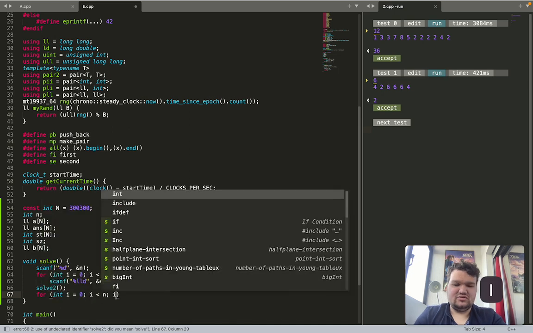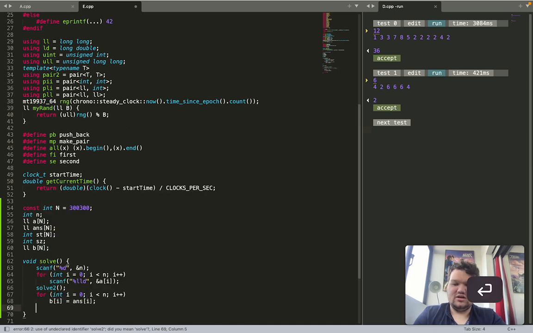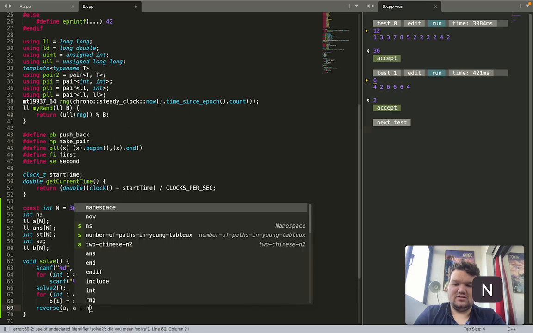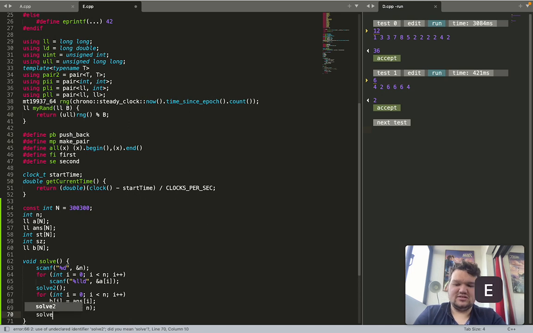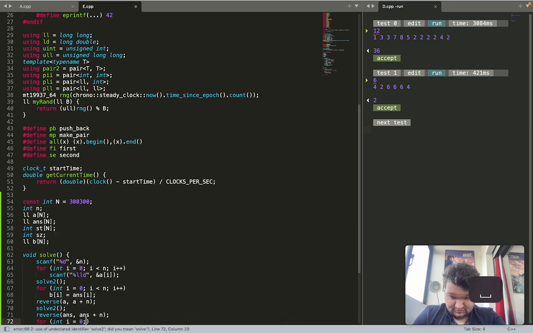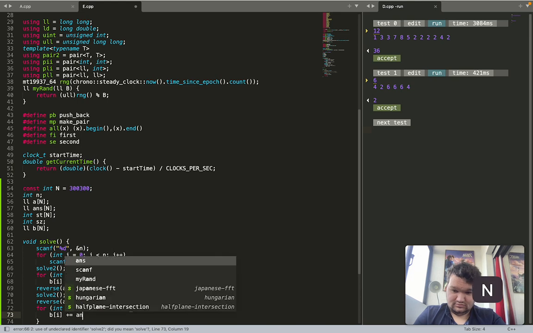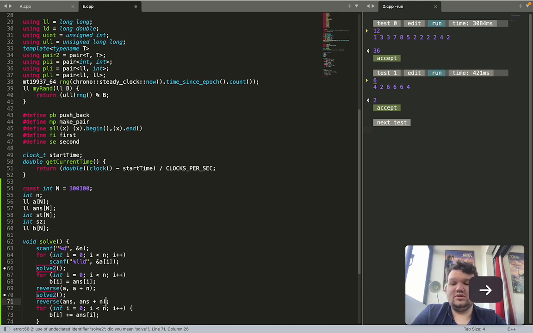Then I need to store the answers, then reverse the array, then again call solve2, reverse the answers, add to BI, and what we actually want, we want the maximum of those values, and to get the actual answer to the problem we need to subtract it from the sum.